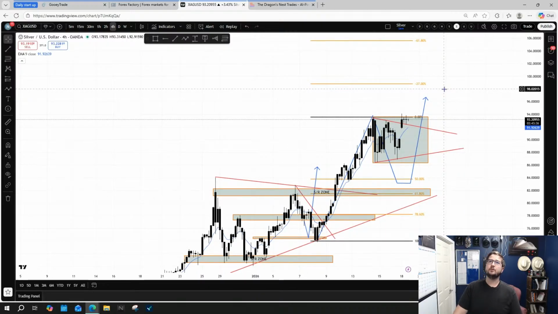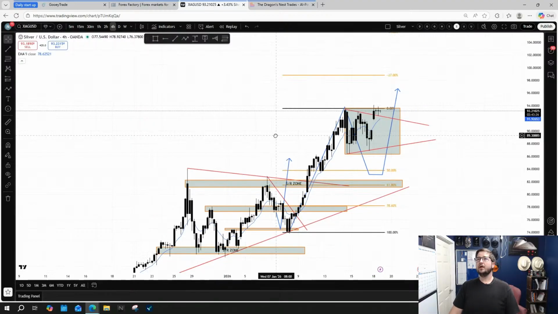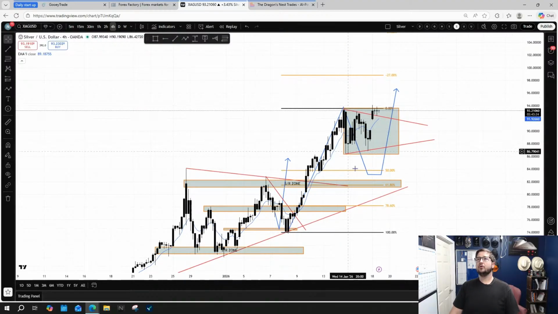Again, gold and silver don't have to do exactly what I say, nor any other pair. This is just what I'm anticipating before I look for an entry opportunity. And as of right now, I don't have an entry opportunity once again. So we're just going to have to wait to see if price can get into our zone. So therefore, we can go ahead and look for some buys.